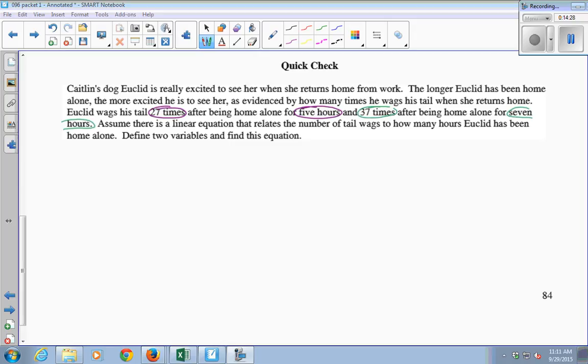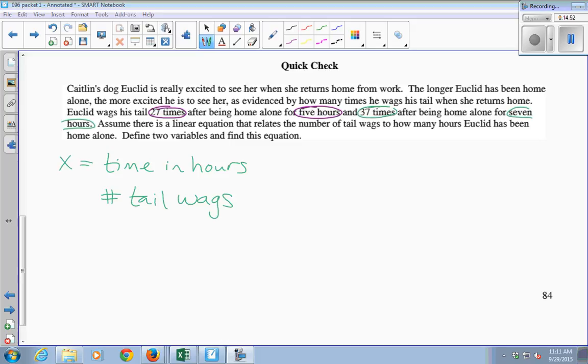So I have two different variables, right? I've got time in hours, and my other variable is tail wags, the number of tail wags. Which one do you want to make x and which one do you want to make y?